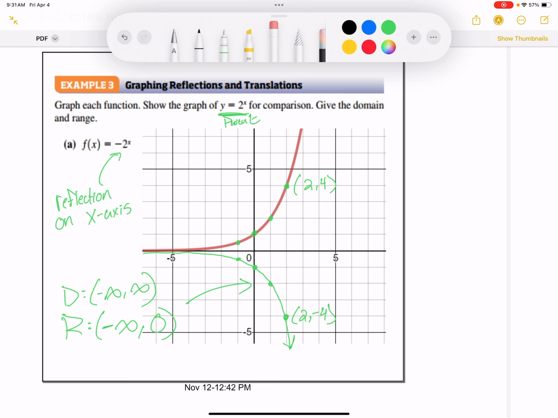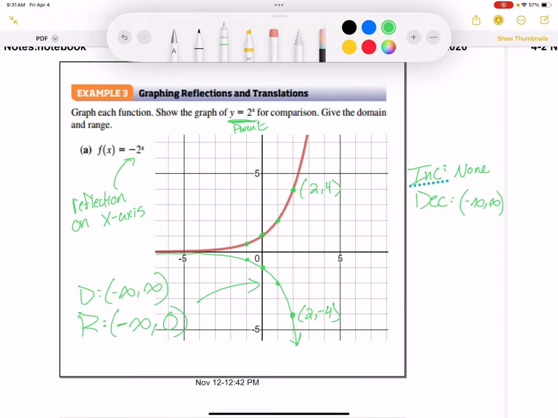All right. Increasing interval, decreasing interval. I'm just adding that because that's a good thing to add. Is it increasing? No, never, none. Is it decreasing? Yes. If I follow this graph forever, it's always decreasing. So my domain from -infinity to infinity is decreasing.